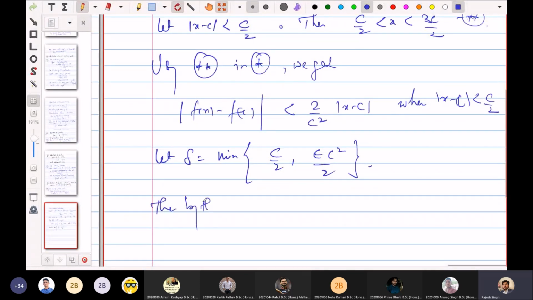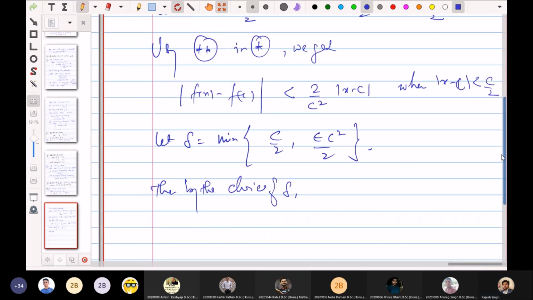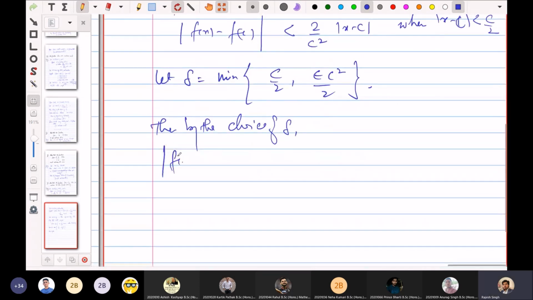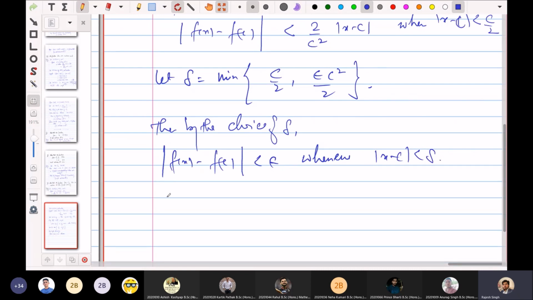Then by the choice of delta, mod f(x) minus f(c) is less than epsilon whenever mod x minus c is less than delta.